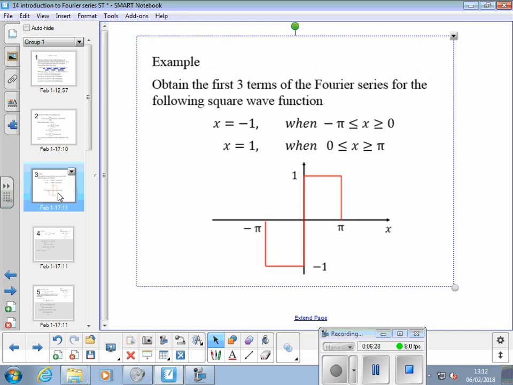We have to say the function is equal to minus 1 for values of x between minus pi and 0, and the function is equal to 1 between 0 and pi. Yep, and we have to deal with those 2 parts separately because it's discontinuous.